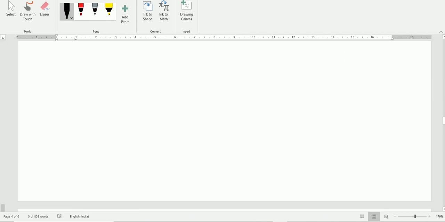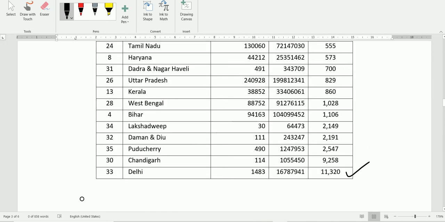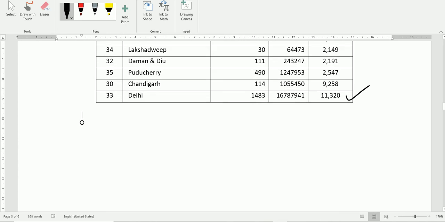Actually we have a technique for that. First of all, after arranging the data in ascending order, we need to find out the range. I think you know the formula also: the difference between the maximum value and the minimum value.